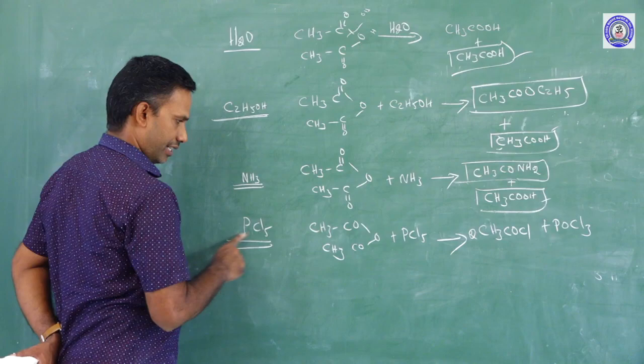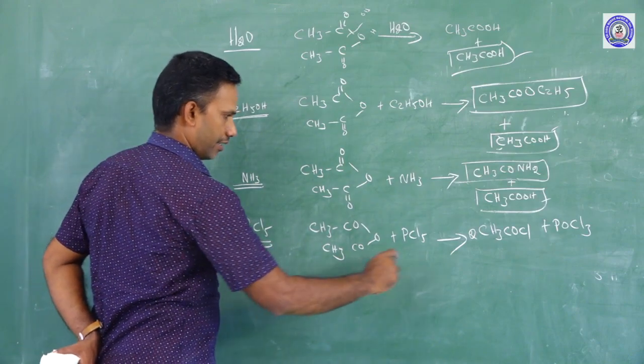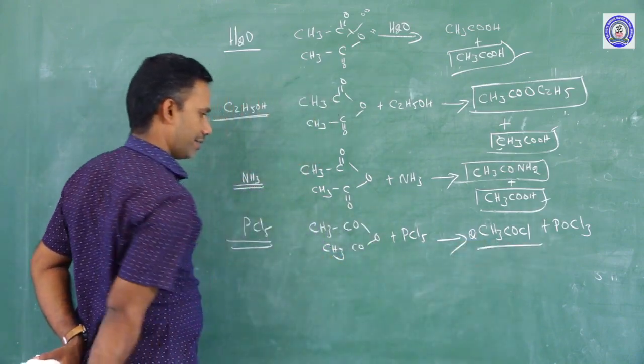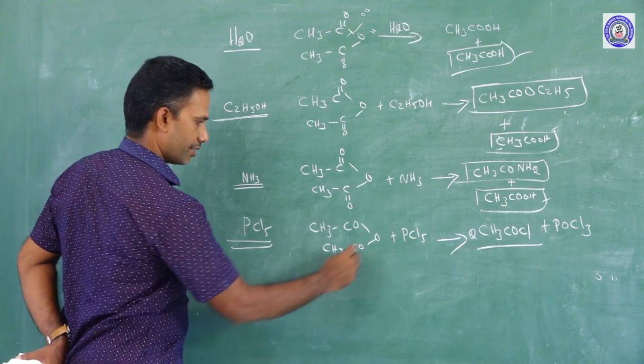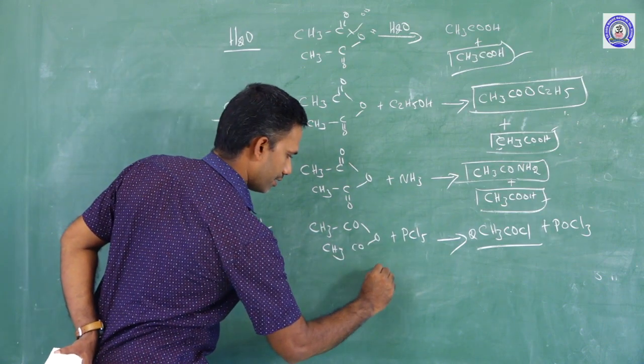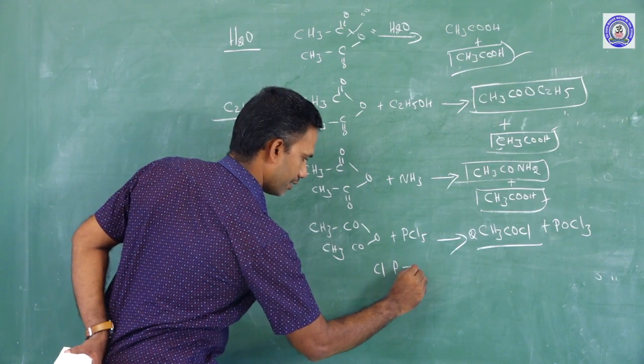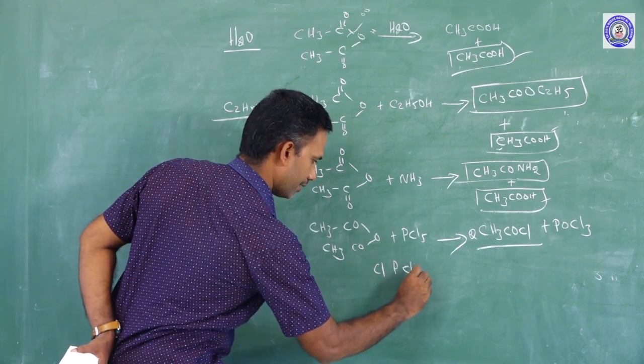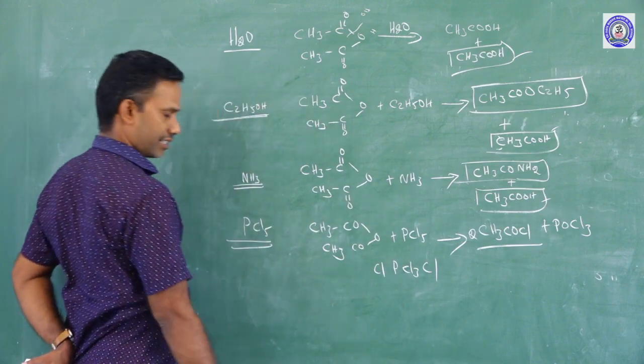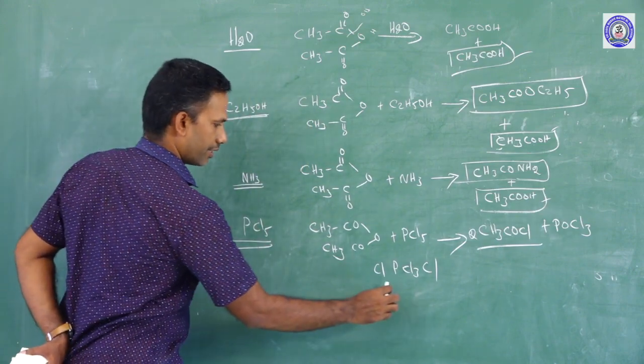So when PCl5 is treated with acid anhydride, you get acetyl chloride. This reaction may be written like this: PCl3. For our convenience, I am writing. See here what is happening.